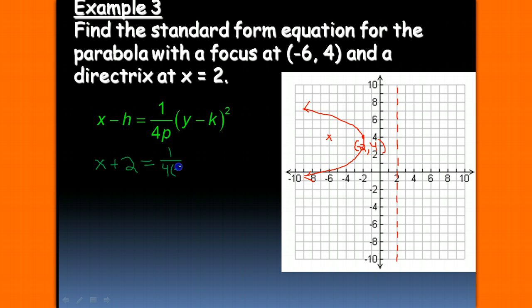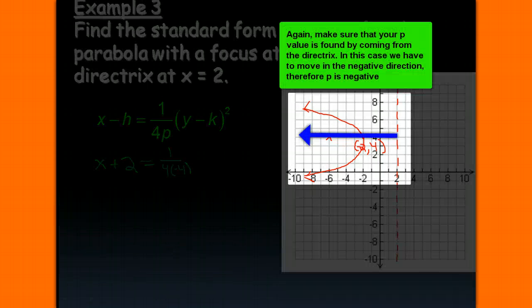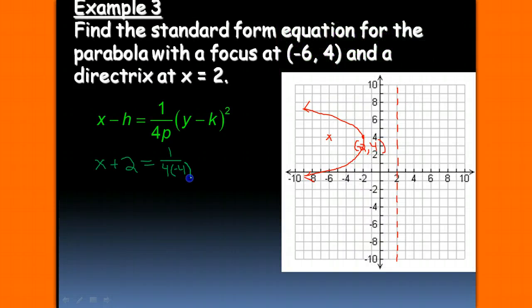So we're going to have negative 4 for our p. Then we multiply that by y minus k, where our k value is the y value at our vertex, so it's 4. So we're going to have y minus 4 squared.